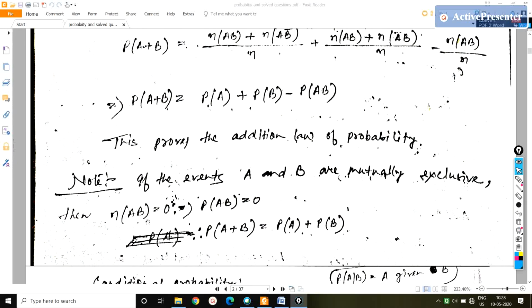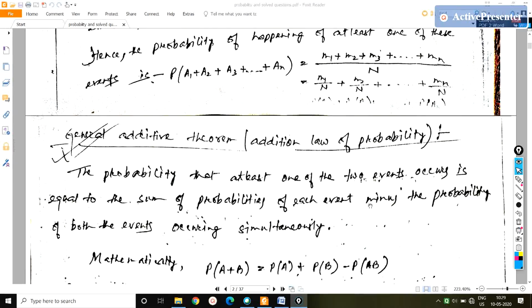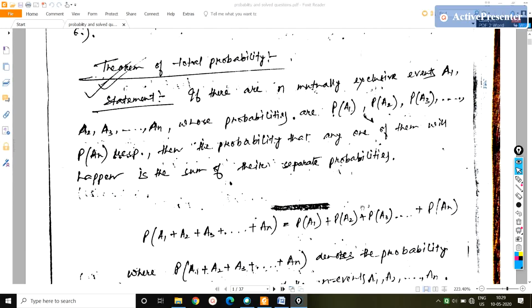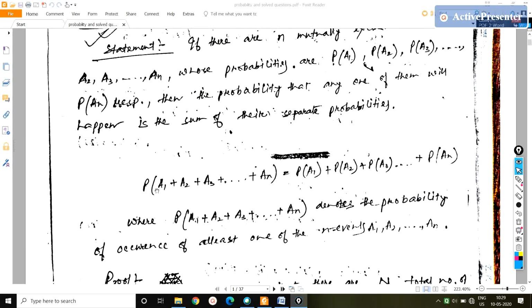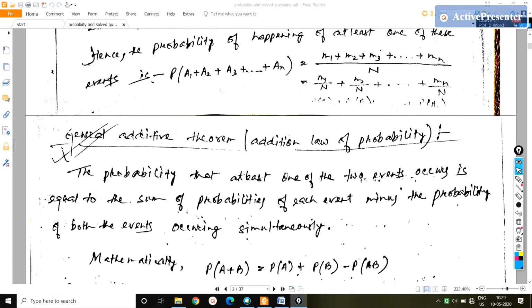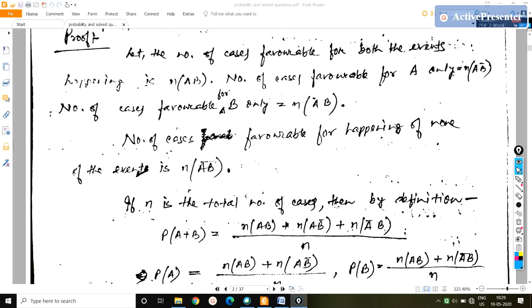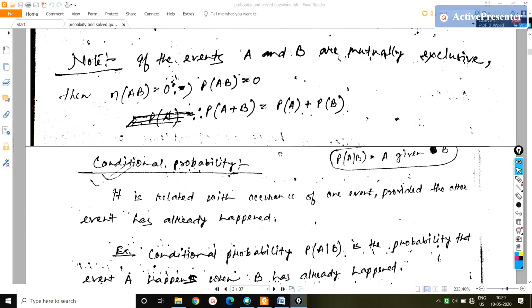Then the number of cases favorable for AB is 0, and so P of AB is 0, and the probability of occurrence of at least one of the events is simply the probability of A or B, which is P of A plus P of B. That is the two event version of the theorem which we proved earlier, the theorem of total probability, P of A1 plus A2 is equal to P of A1 plus P of A2 only. Okay, so this is about the general additive theorem of probability.